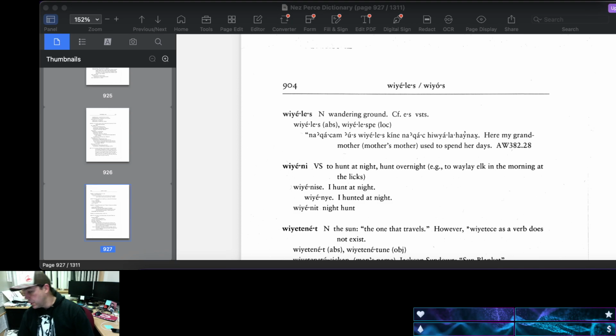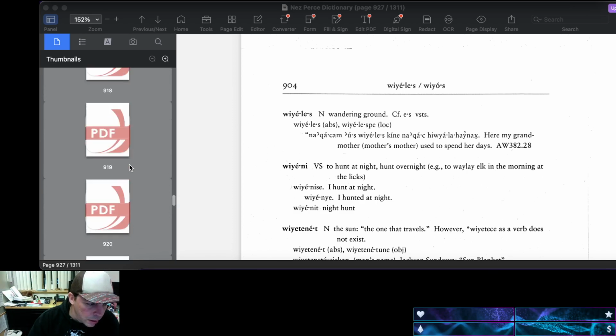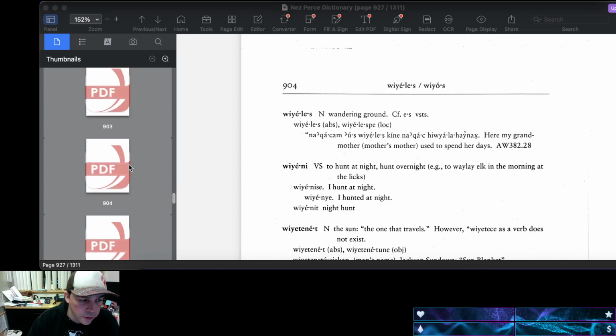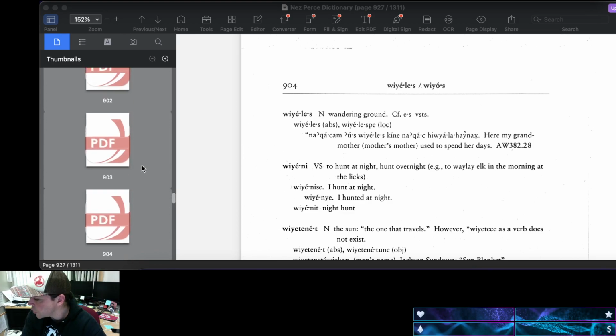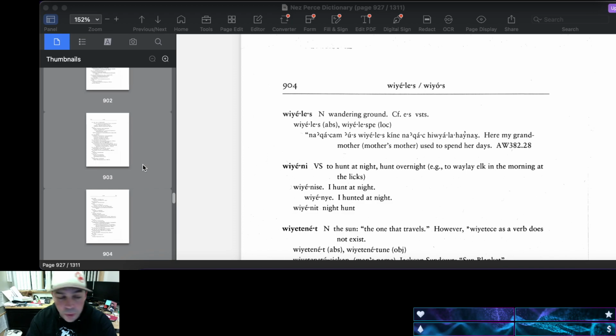I just turned to a page and picked out a fully conjugated verb in the language. And that was the verb for to be awake, wachwi.